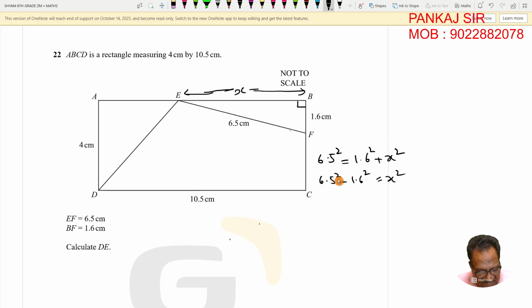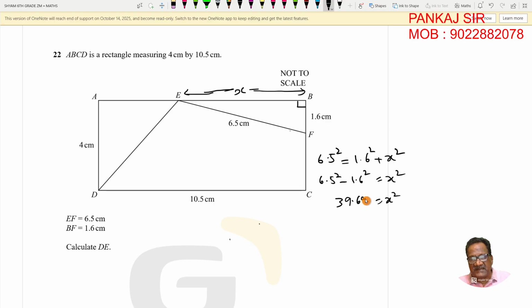Now let me do this calculation. So my X squared will be 6.5 squared minus 1.6 squared, right? And that I'm getting 39.69.